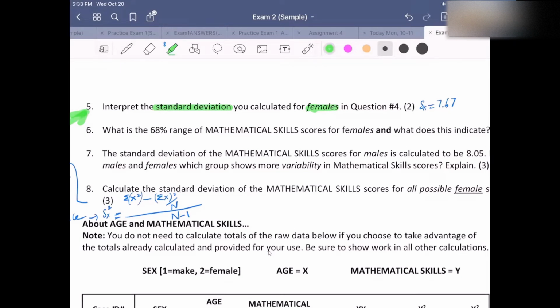Fiona, it's good that you tried. You were already given the result right here, the standard deviation, and you just have to interpret it. What does it mean by that? By the standard deviation 7.67.